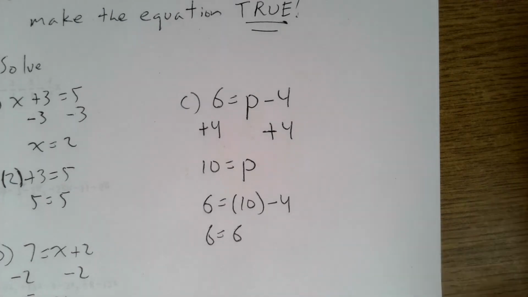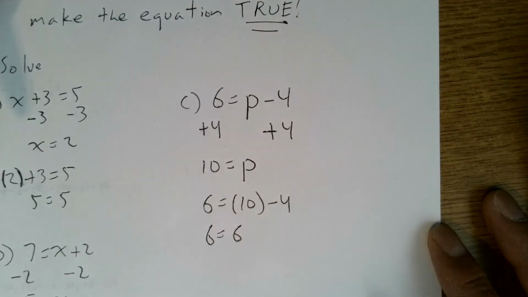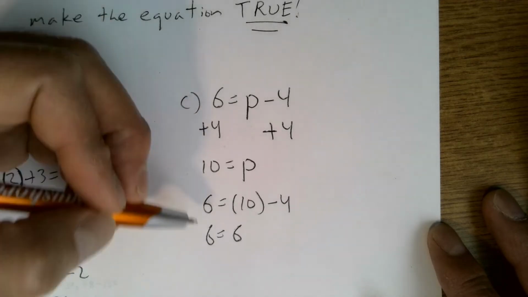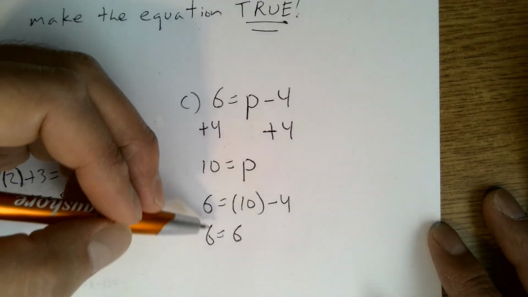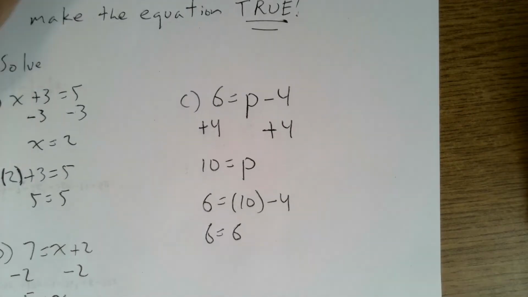At this point, I should mention, if you end up with 6 equals 14, or something weird like that, obviously you did something wrong. Either you did something wrong up here to figure out what p was, or you did something wrong in your check. But at the end of the day, if you end up with something like 6 equals 12, or something weird like that, you should go back and see what you did wrong.